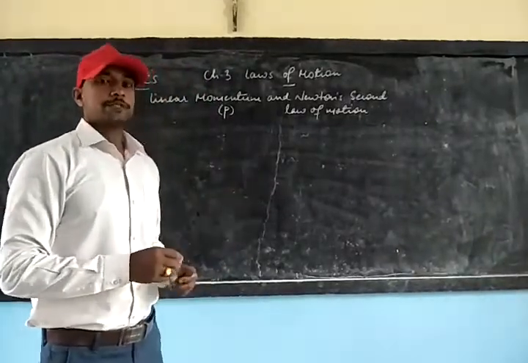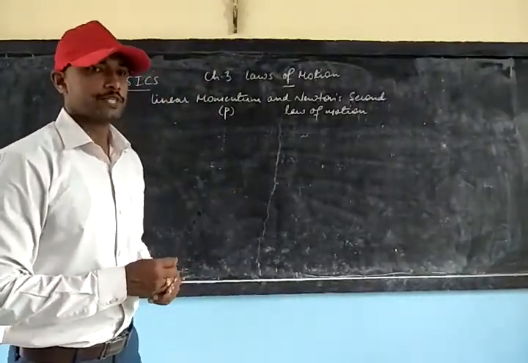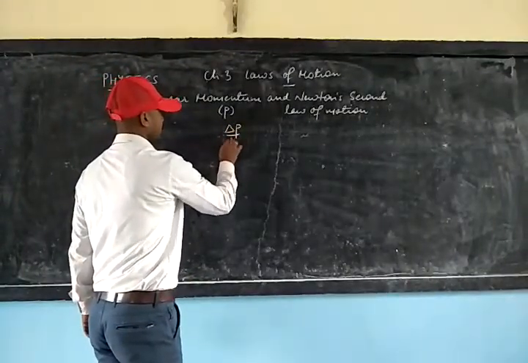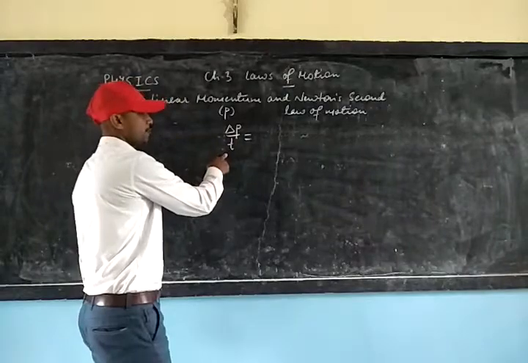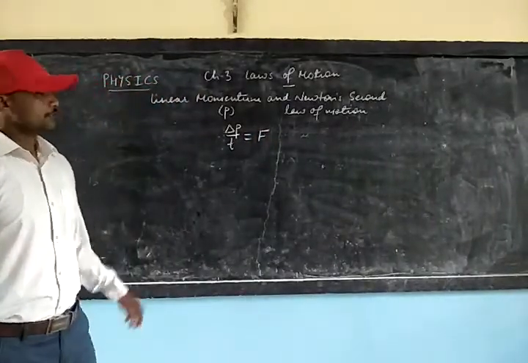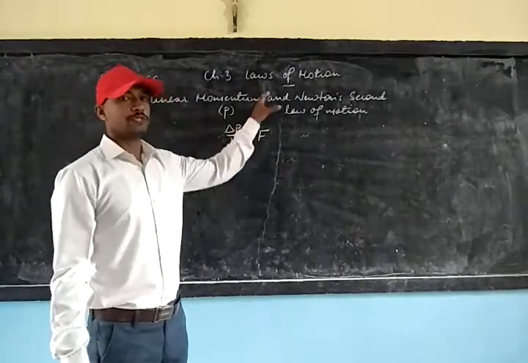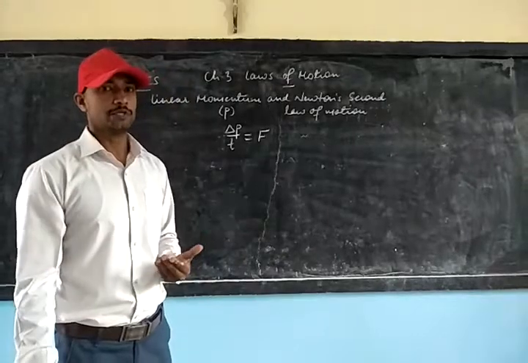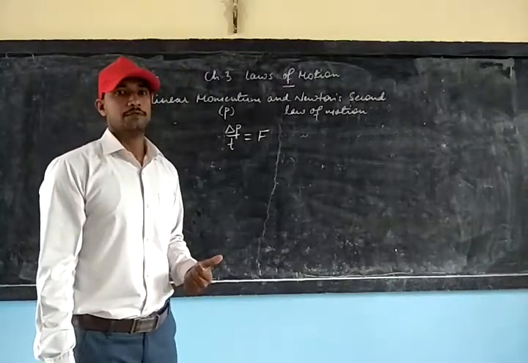Now coming back to the expression of rate of change of momentum, we can write delta p by delta t, which is rate of change of momentum, is equal to force. This is the expression for Newton's second law of motion, and now we can write the statement of Newton's second law of motion.